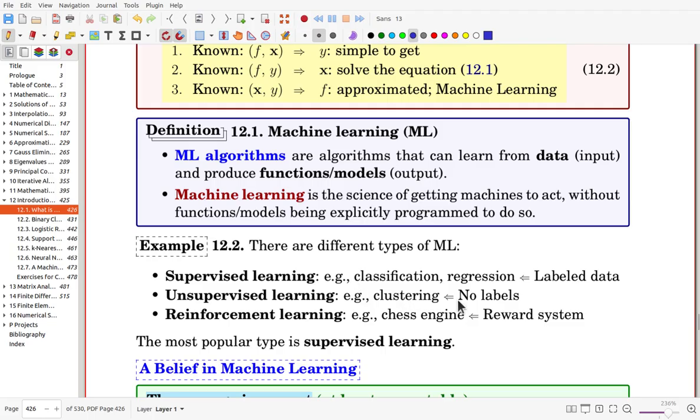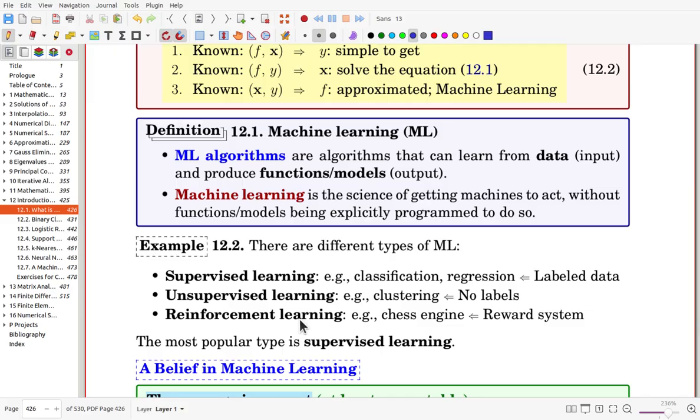Now, once no label is given, then machine learning with that data set is unsupervised learning. For instance, only the points are given, then by using some clustering techniques, you can make subgroups of the given data set. So basically, from unsupervised learning, we may try to understand the hidden structure of the data set.